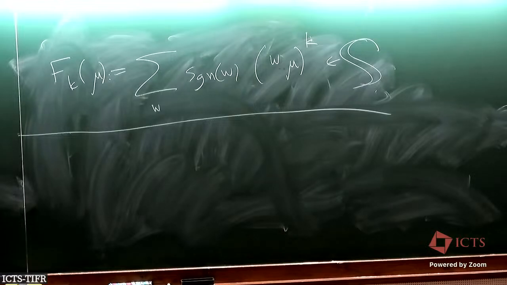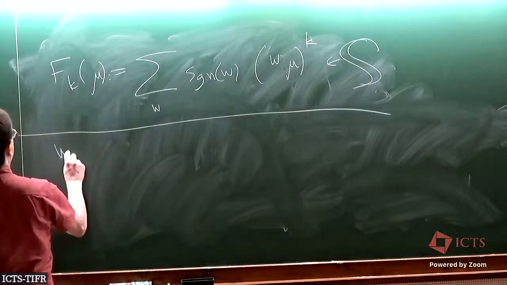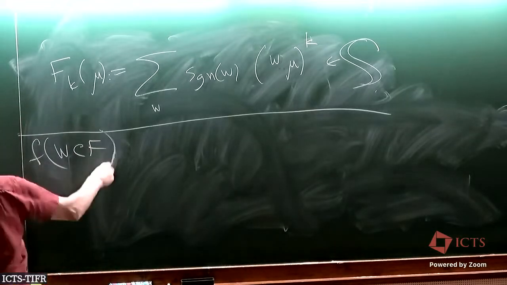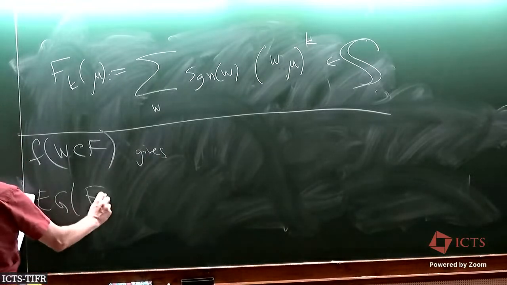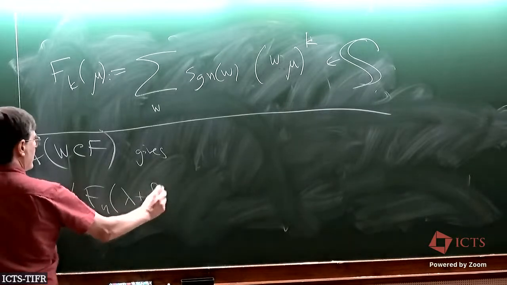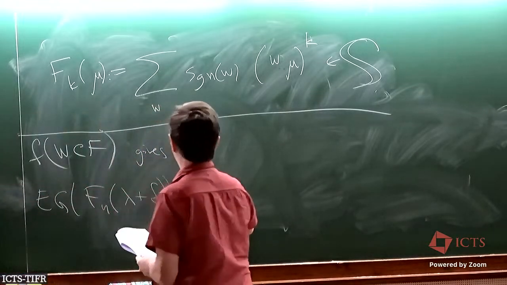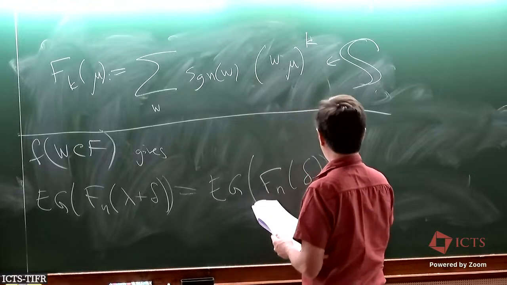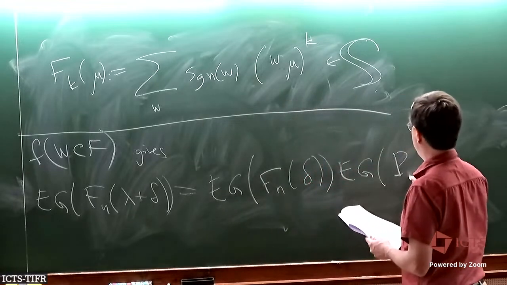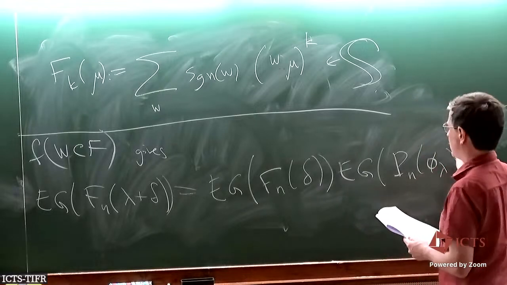Applying f, this ring homomorphism, to this equation now gives me an equation between exponential generating functions. So f of this gives the exponential generating function of fn of lambda plus delta is the exponential generating function of fn of delta times the exponential generating function of pn of phi lambda.